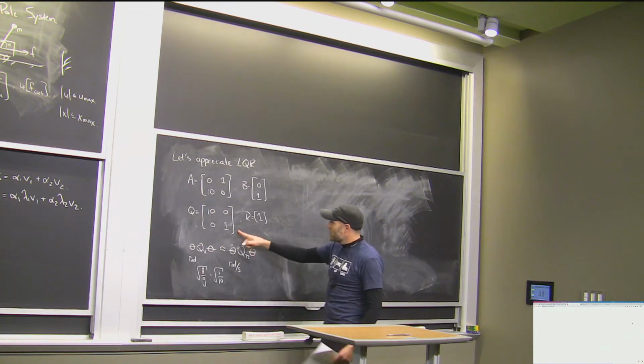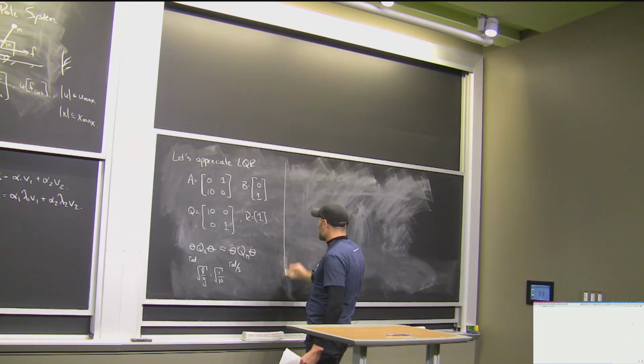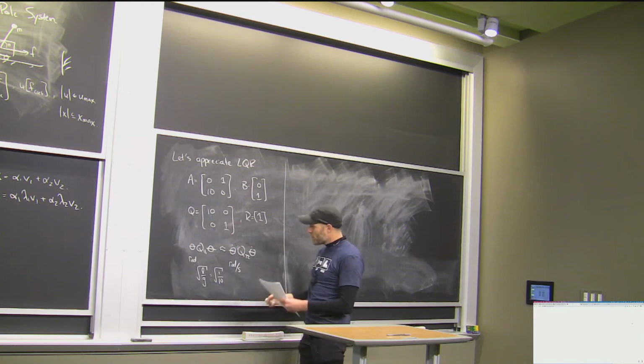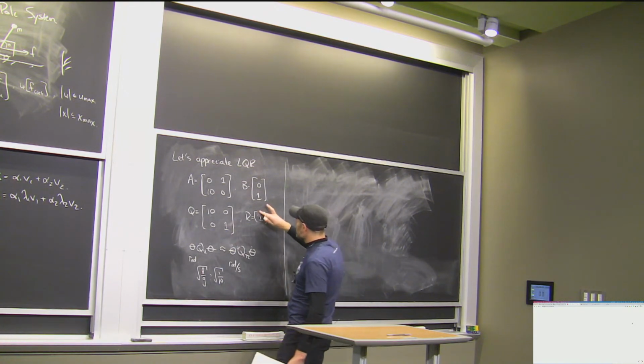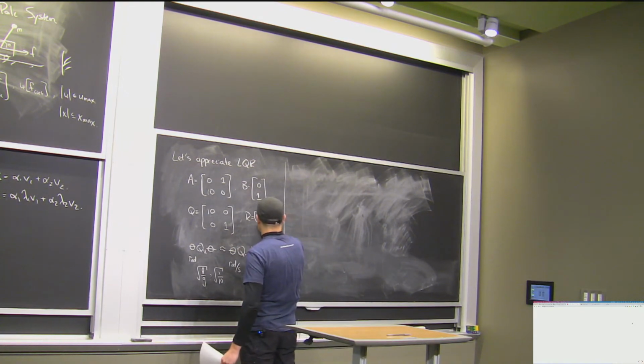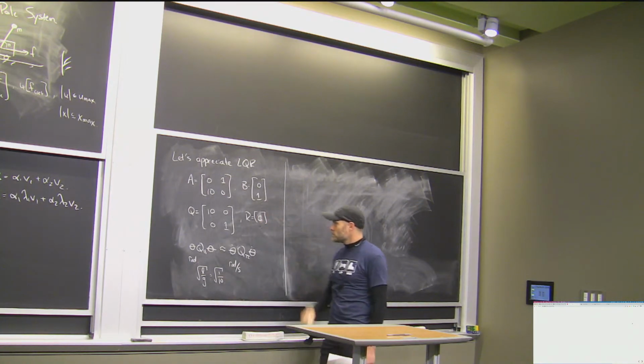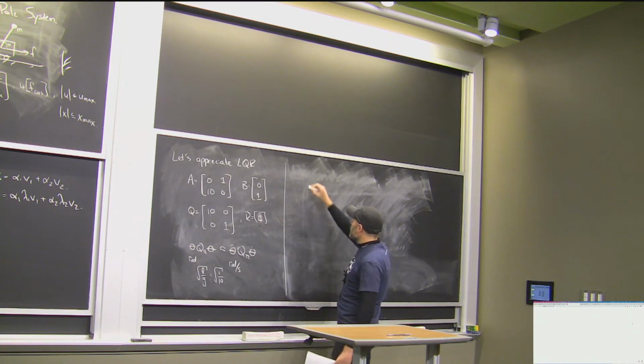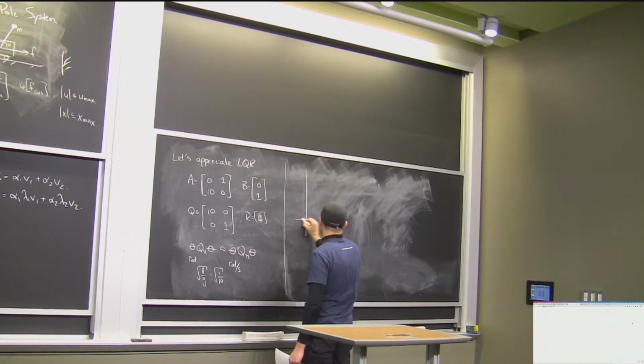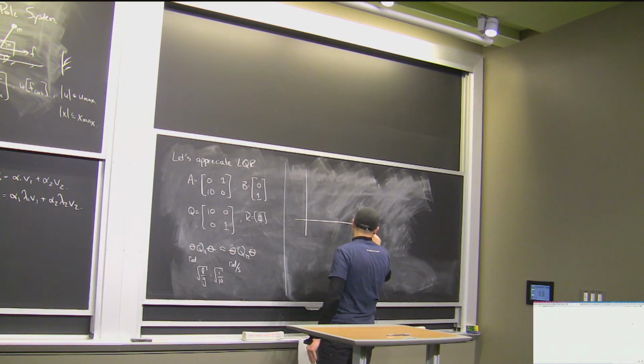Okay, so if I were to just run LQR a bunch of times, you know what, let me make this a constant. Instead of just 1, I'll take this as a constant. And I'm going to run LQR a bunch of times as I change the value of R here.